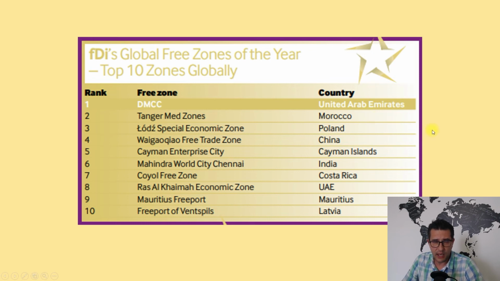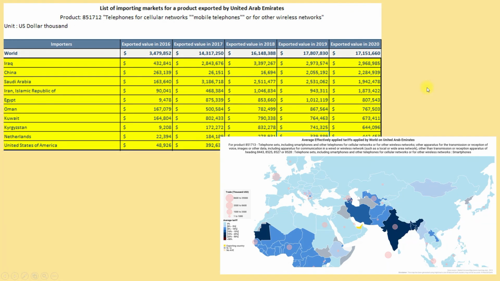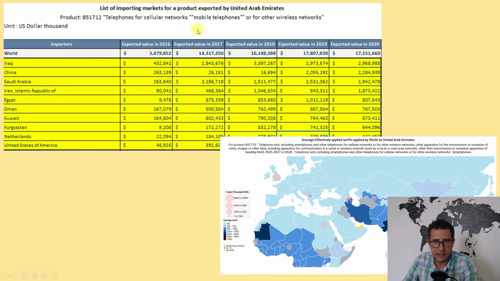And basically we have DMCC from the United Arab Emirates, who was the global winner, I think, for the 6th consecutive time, with a very important cluster of smartphone assembly plants whose products are then exported virtually everywhere in the world, but with the Middle Eastern countries driving most of the imports from the United Arab Emirates. And basically, guys, we see how in just 5 years, the exports increased from $3.5 billion to some $17 billion in 2020.